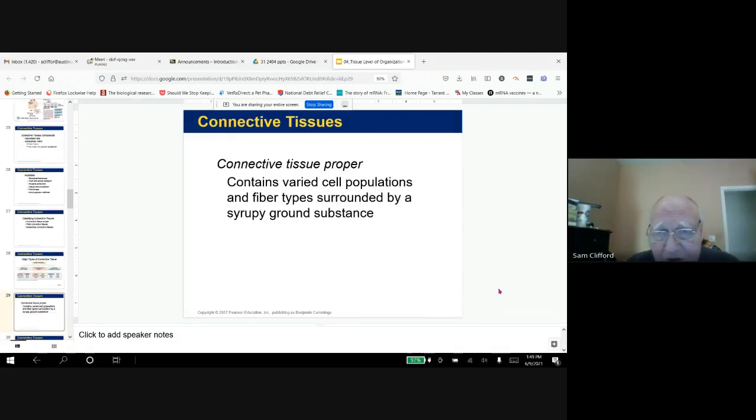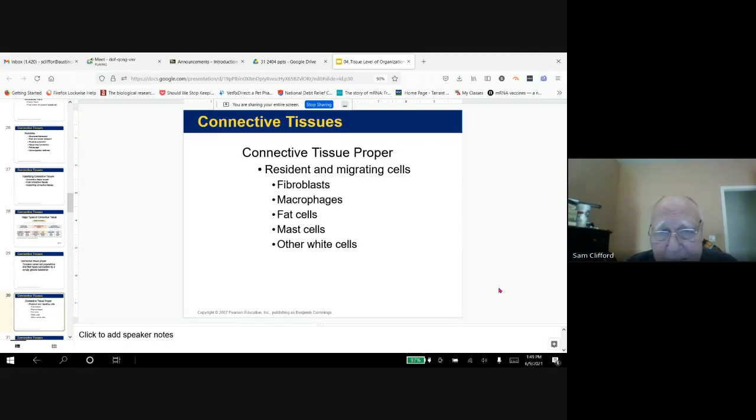The connective tissue, again, has cells and protein fibers and a matrix, which is the fluid substance that the cells and fibers are embedded in. So there are migrating cells in connective tissue.